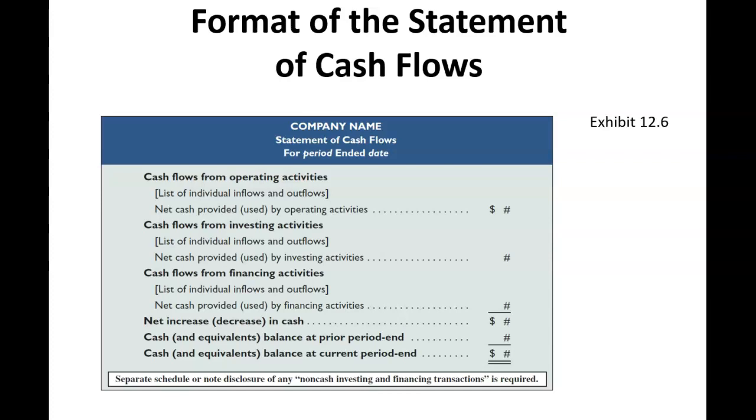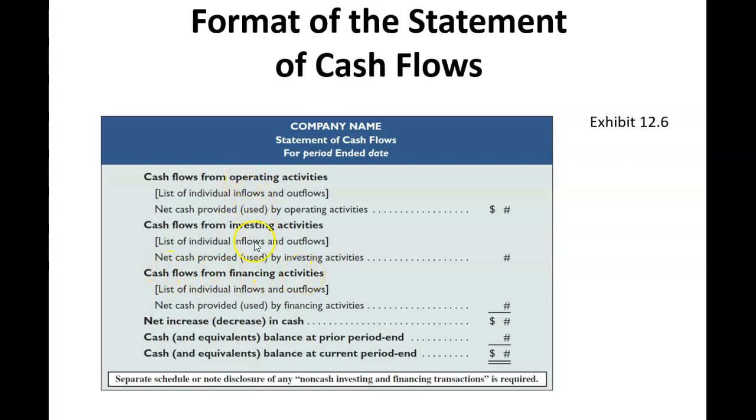But in the meantime, this is kind of what a statement of cash flows looks like. This is in general what it looks like, whether it's prepared on the direct or indirect method. It's going to have the three sections we talked about in this order: cash flows from operating activities, cash flows from investing activities, cash flows from financing activities.